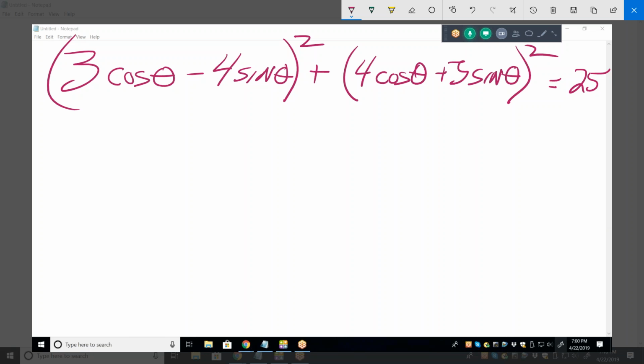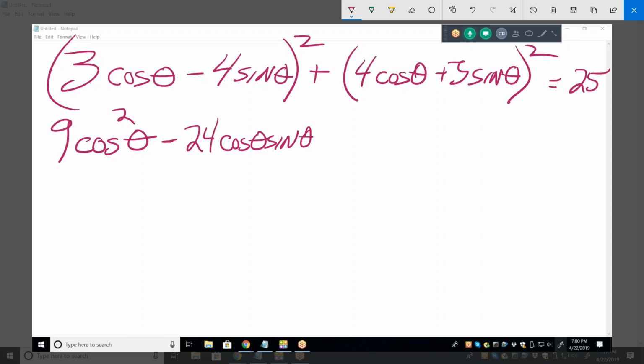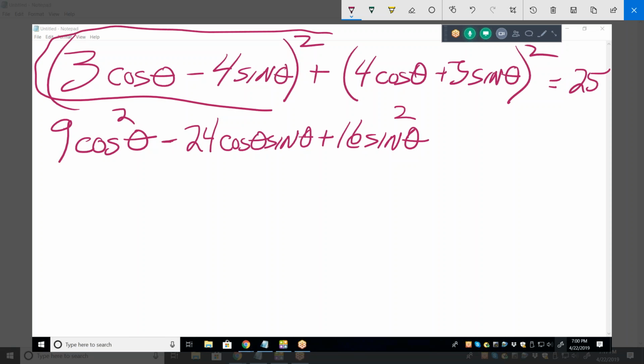You get 9 cosine squared theta minus 2 of this times that, which is 24 cosine theta sine theta, plus 16 sine squared theta. In other words, all of that comes from that right there.